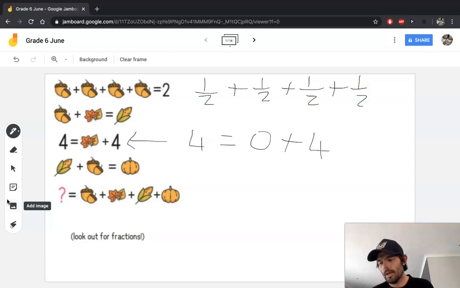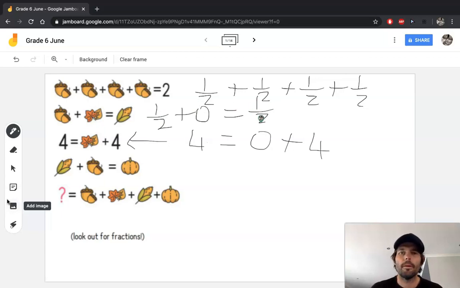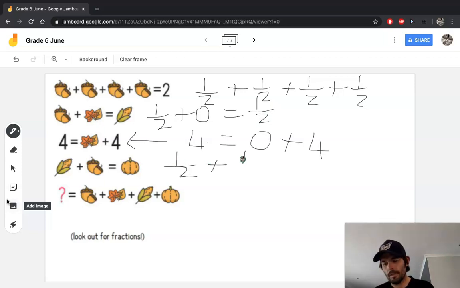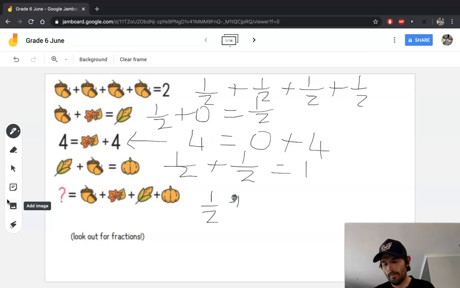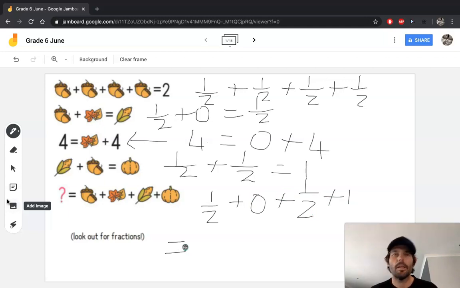I then know that a half plus 0 is equal to a half. Then a half plus a half is equal to 1, so the pumpkin is equal to 1. And then my last step is going to be a half, add 0, plus 1 half, add 1, and my final answer is going to be equal to 2.